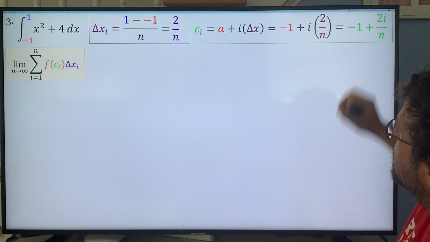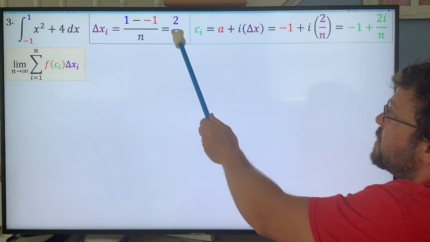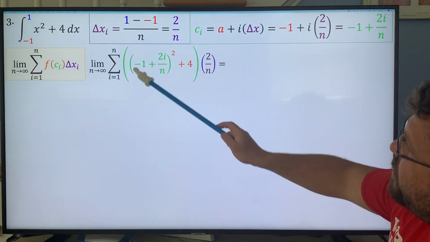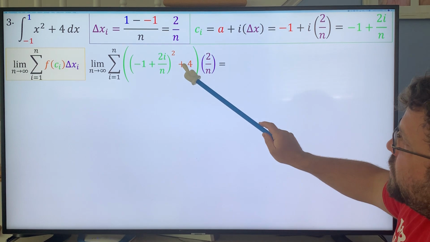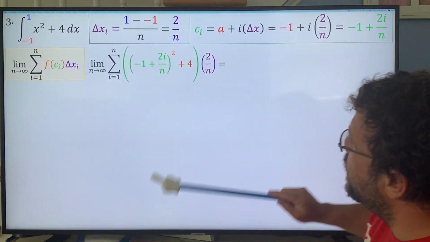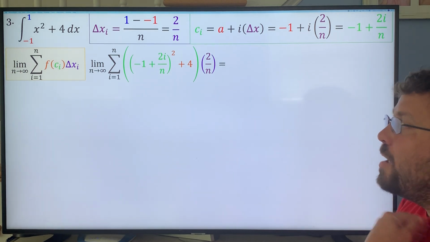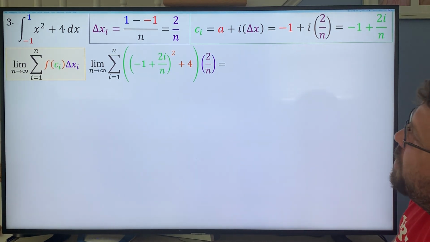You're going to take this and plug it in for the x in the function. You're going to take this, and you're going to put it there. So -1 plus 2i over n, quantity squared, plus 4, don't forget your plus 4, times 2 over n. Back to algebra. Everything is algebra. Algebra is important.